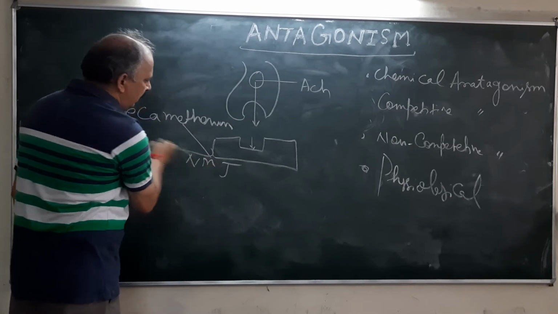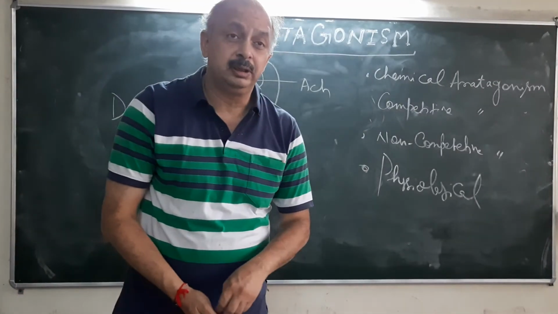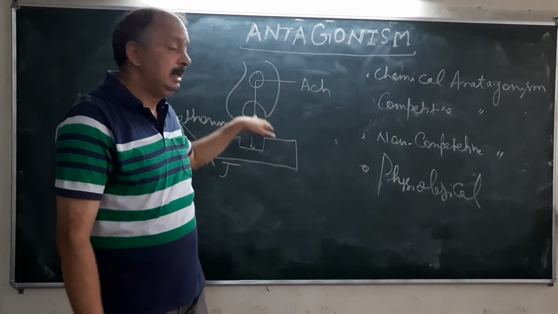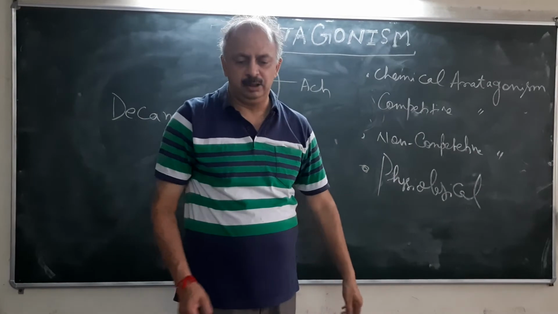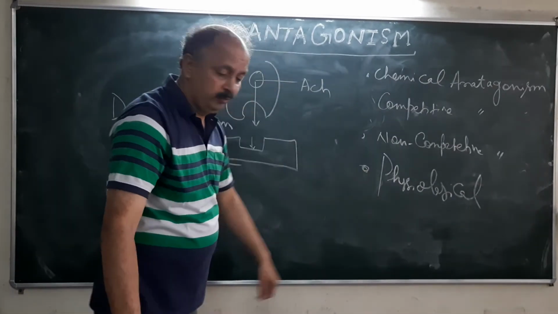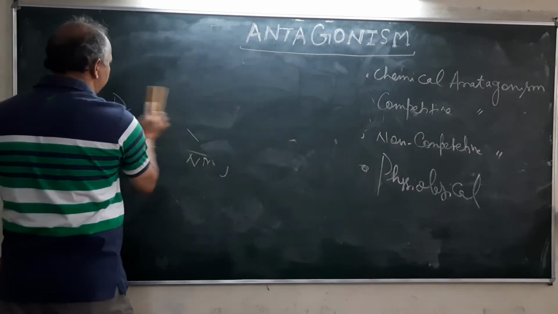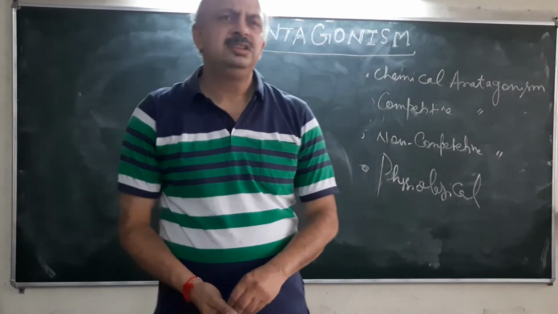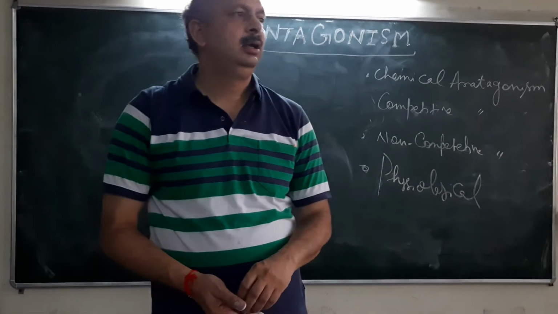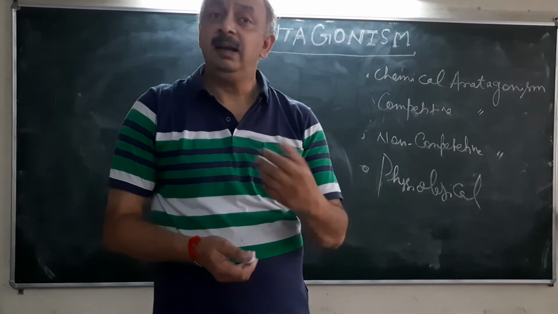will block all the receptors at the neuromuscular junction and will block the action of the acetylcholine. So this is the non-competitive antagonism. The next is physiological antagonism. This is the example where a person suffers from anaphylactic shock.